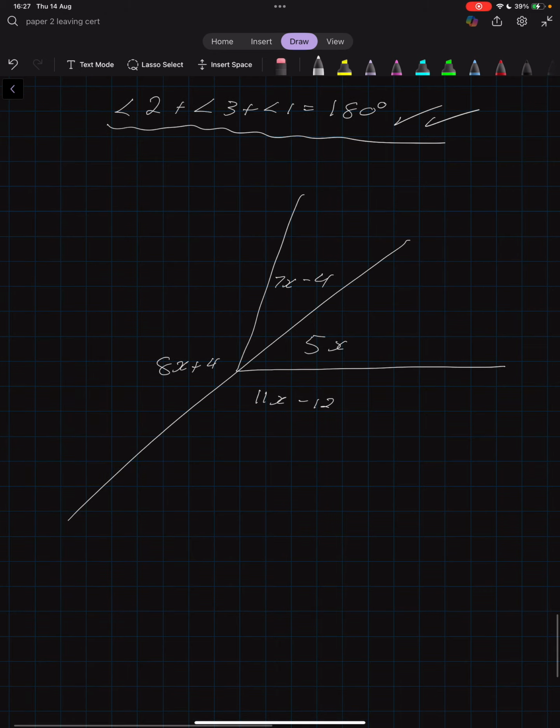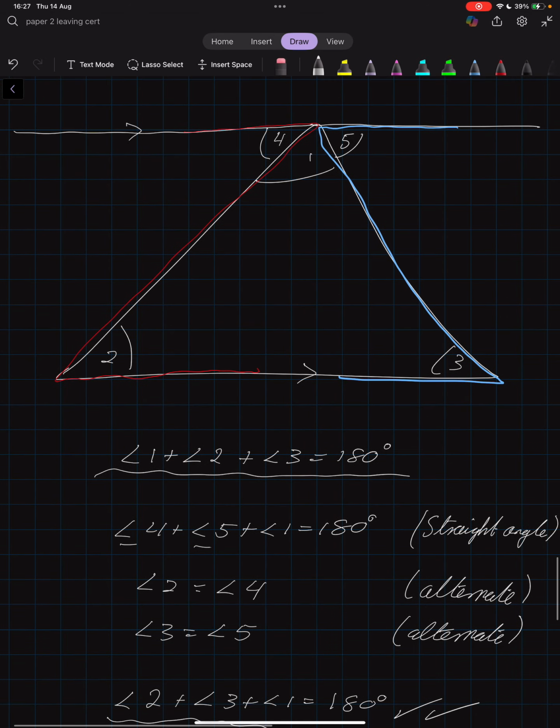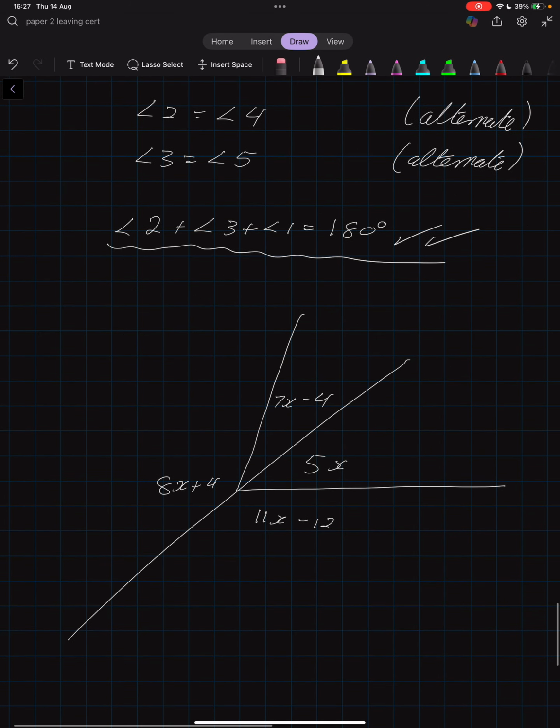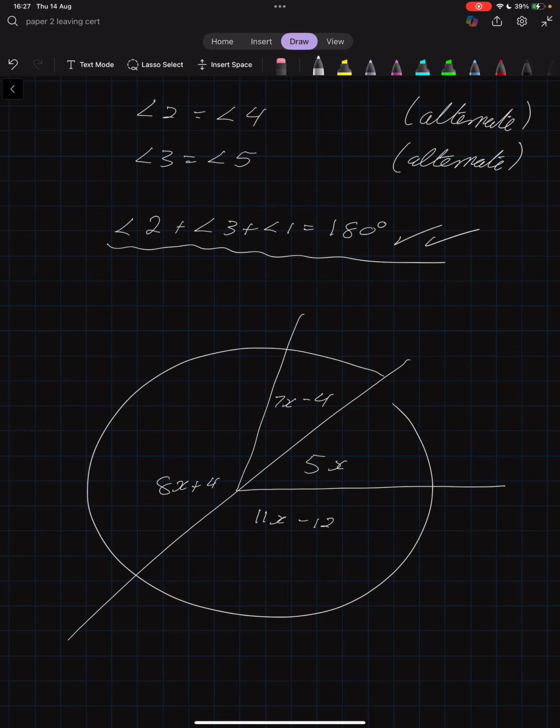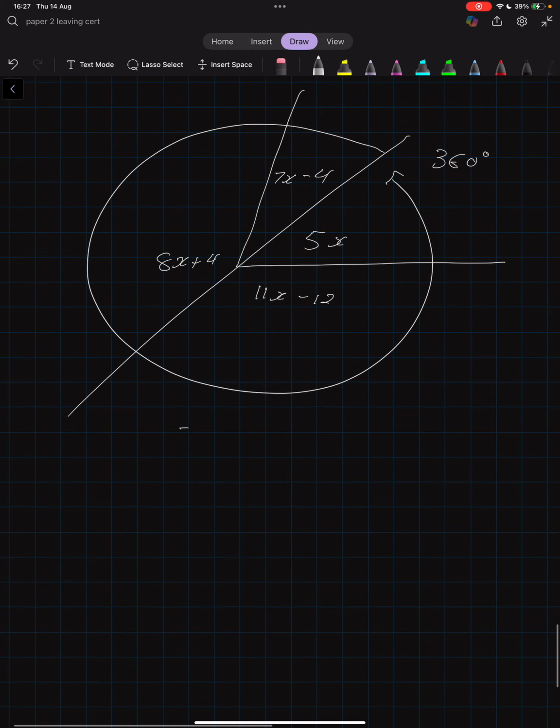Well, simply, up here we said that a straight line is 180. Of course, a full rotation is 360. And therefore, if I add all the angles up, I need to get 360. So 7x plus 5x plus 8x plus 11x is going to be 31x. Minus 4 plus 4 minus 12 is just minus 12.